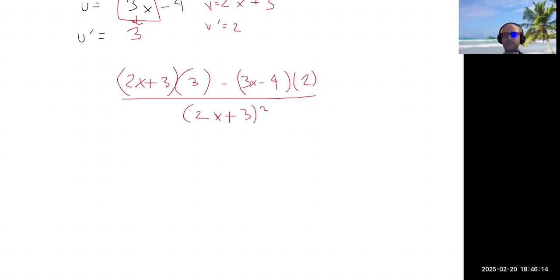Good plan. So that gives me 6x plus 9 minus 3x plus 4. How do I distribute the negative there?